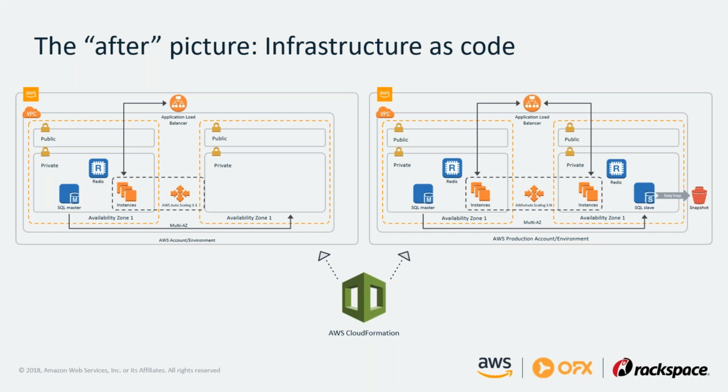So if it's development or staging, only build one availability zone and only build infrastructure in that availability zone. If it's production, then build it out in 2, 3, 4, 5, or however many availability zones, so that obviously we have high availability. And by doing that, I can parameterize my CloudFormation and build that out.